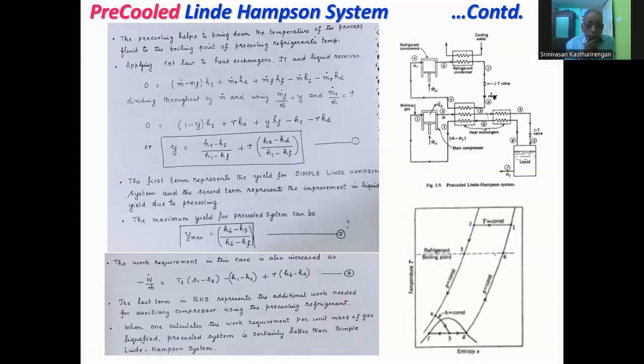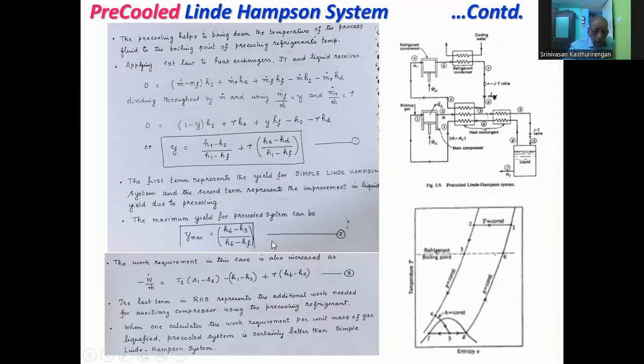Now, you can see that because of the pre-cooling, there is a certain amount of increase in the yield. That increase is actually this second term, which is R into (HA minus HD) divided by (H1 minus HF). The maximum yield for the pre-cooled system can be Y max is equal to (H6 minus H3) divided by (H6 minus HF).